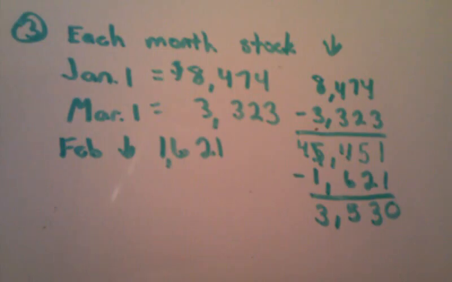Okay. Let's do one more together, and then I'll let you go ahead and try some of these on your own, okay? Let's do number 11. Number 11 says, now whenever you have word problems, look for the key words, okay?